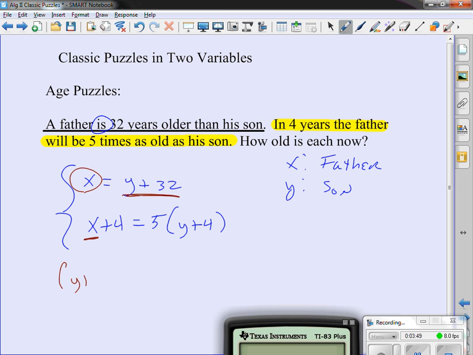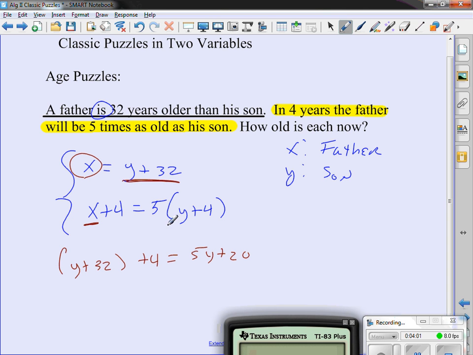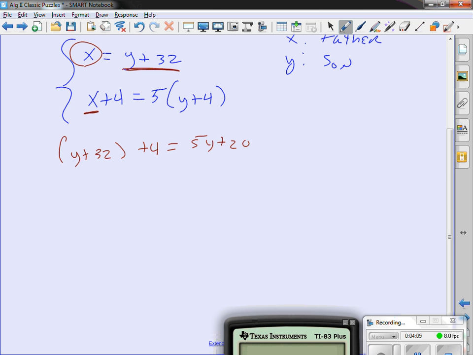Y plus 32 plus 4 equals, now I'm going to distribute over here to save me a step, 5y plus 20. Only thing I did was distribute right here to save me an extra step, and I substitute x with y plus 32. I'm going to combine my like terms over here. Y plus 36 equals 5y plus 20.